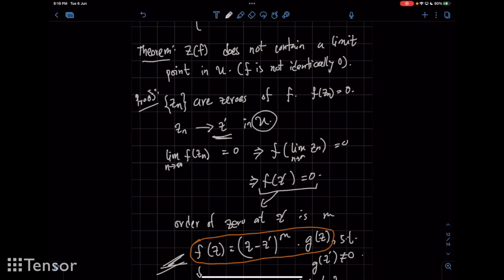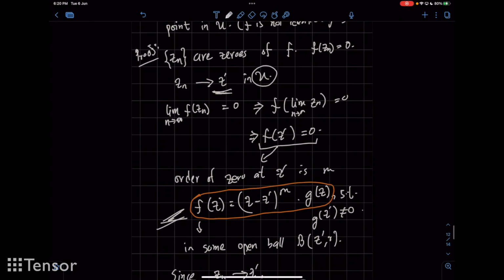If the zero set has a limit point, then we can form a sequence in the zero set that converges to that limit point. Let's say Z prime is the limit point and my sequence is Zn. Then we must have that f of Z prime is also 0 by the continuity of f.